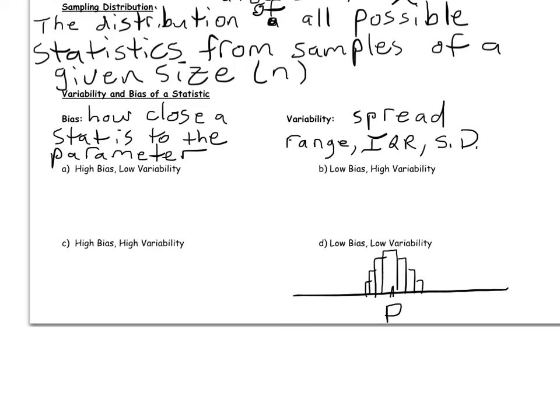So let's contrast this with low bias, high variability. Okay, low bias means the results are still pretty accurate, but they're going to be more spread out. So maybe something like this.